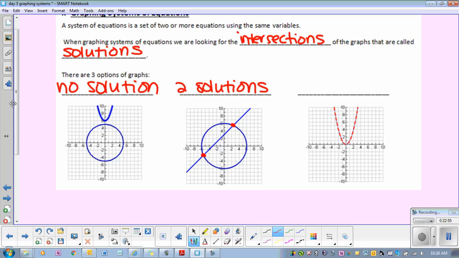Every single point, right? Because they're literally right on top of each other. So all solutions. Well, if you're talking about how many, then you want to say infinite number of solutions. Okay?